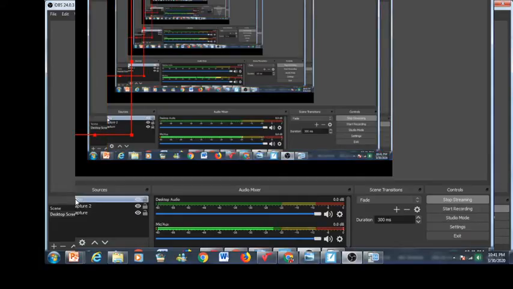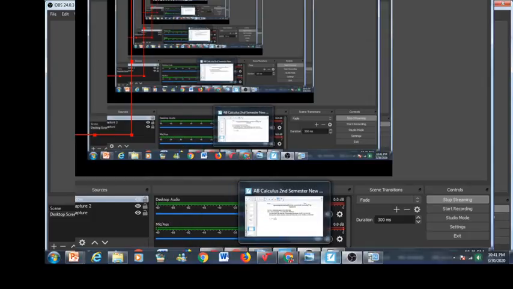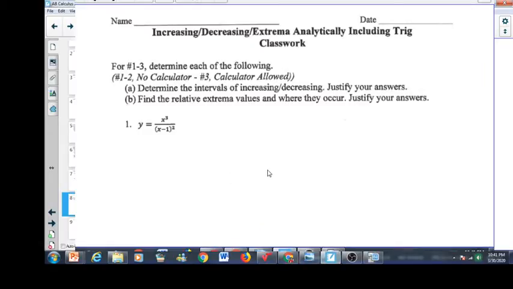Chat window. Hmm. Not seeing anything in the chat window. So, what do you see? Do you see anything? Oh, really? Okay. Let's see.